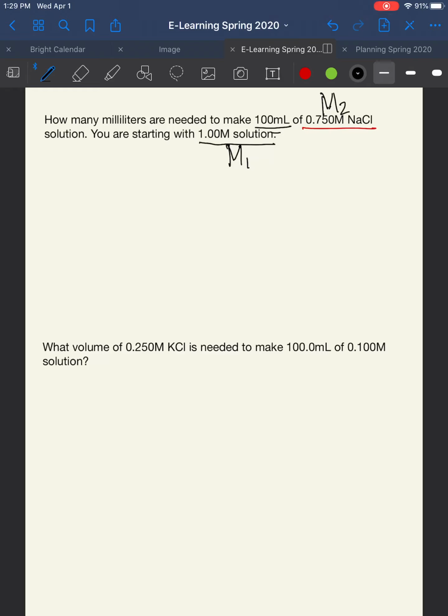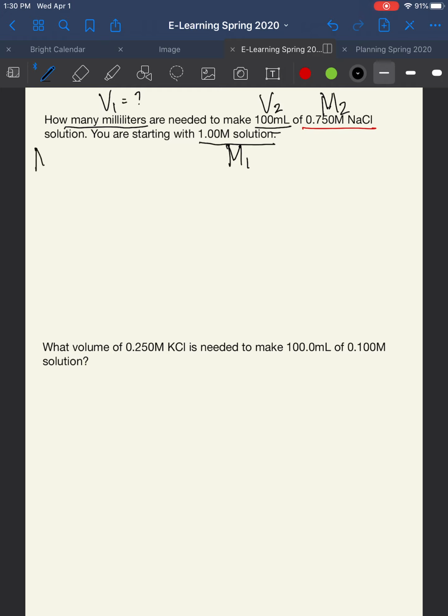This 100 mLs is the volume that I want to get after dilution. Since it's after dilution, this is going to be my V2. My unknown is how many milliliters, so that is going to be my V1.